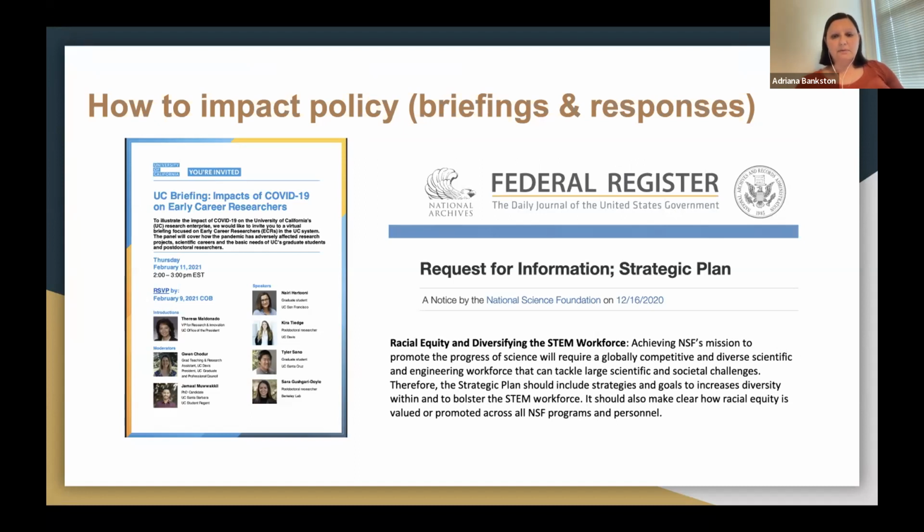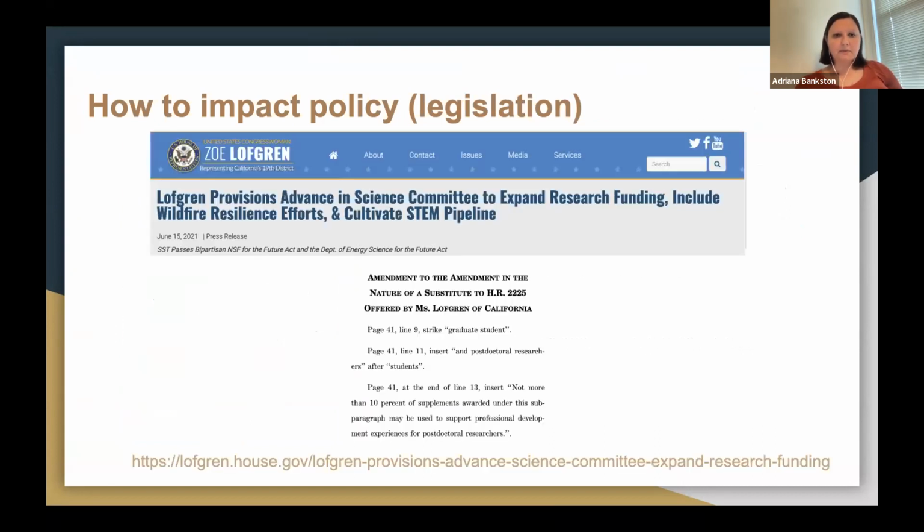You have a number of folks sending a response to NSF about what the higher ed community thinks, how we should improve the workforce and their research. And I wrote this part. That was exciting, and now NSF will be aware that this is something we think is important, and they'll hopefully use that as part of their plan. So it's another kind of impact: you are writing something to an agency that they'll maybe use in part of their strategic plan.